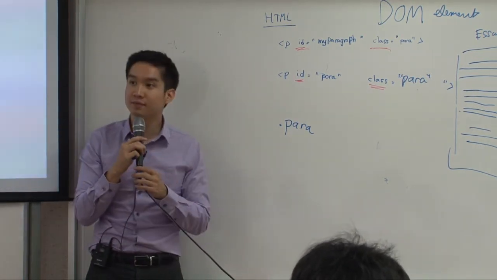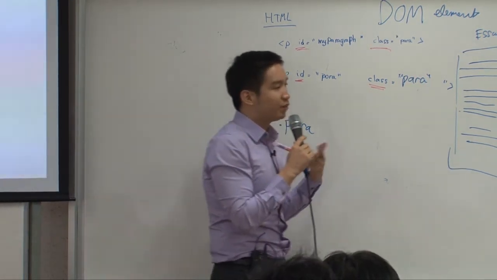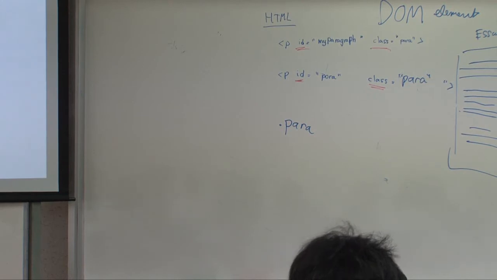So is that clear? Yeah? That's more or less what I expect you to understand for CSS selectors. So now let's take a look at other examples of CSS selectors. So what do we have?